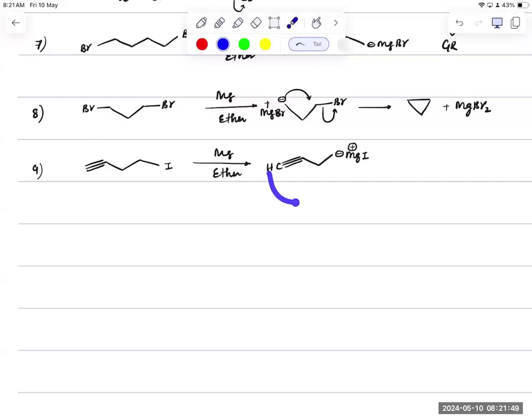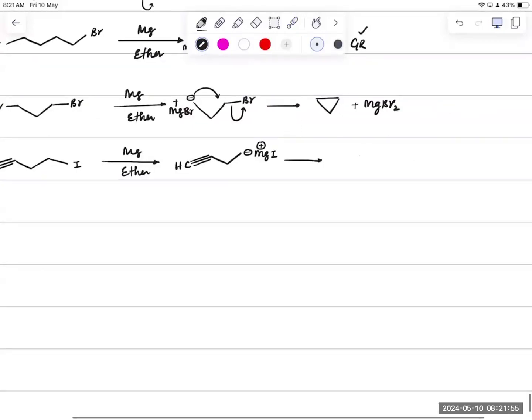Because hydrogen is sufficiently acidic, this hydrogen will move here. So thereby we will get this product as C triple bond C minus MgI plus, and this carbon is continued with another carbon here with CH3.